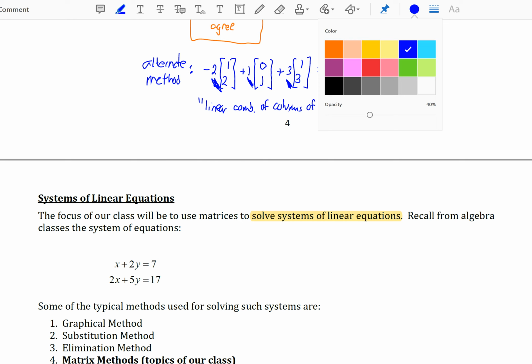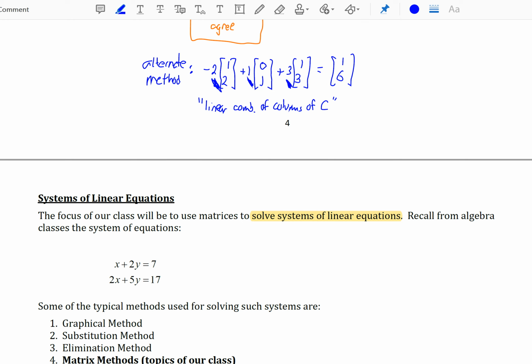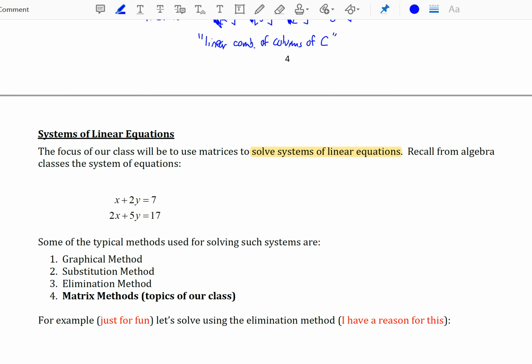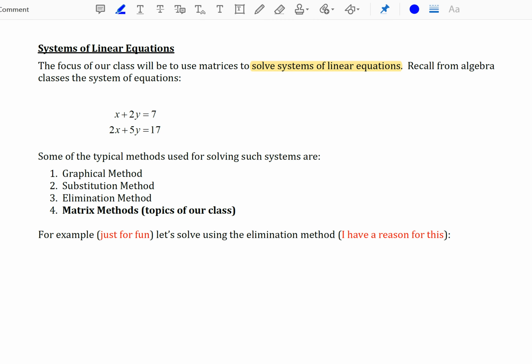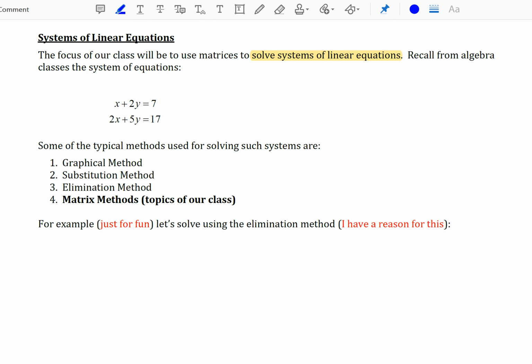Some of them got more complicated, as I recall, though. But a typical system of equations might look like this. And our goal is to find a solution. And for us, a solution will be an ordered pair, x comma y, that satisfy both equations at the same time.